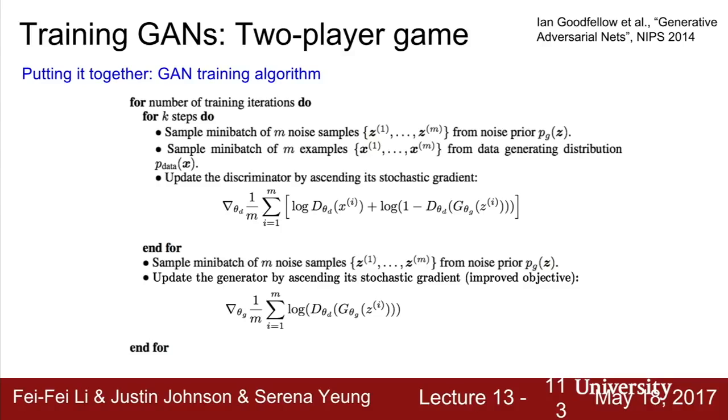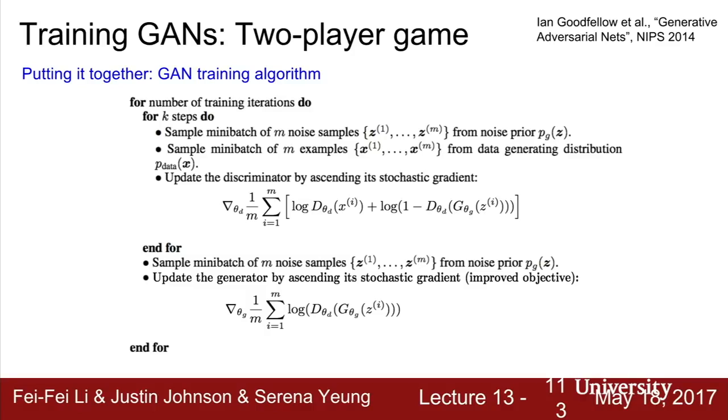We'll pass the noise through our generator and get our fake images out. So we have a mini batch of fake images and a mini batch of real images, and we'll take a gradient step on the discriminator using these, and update our discriminator parameters. We do this a certain number of iterations to train the discriminator for a bit.